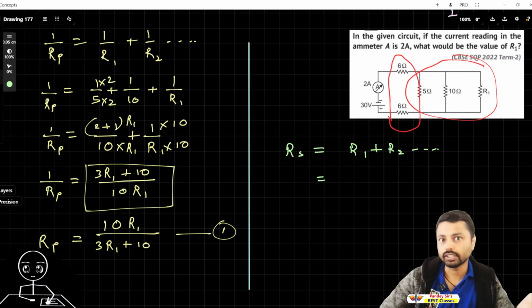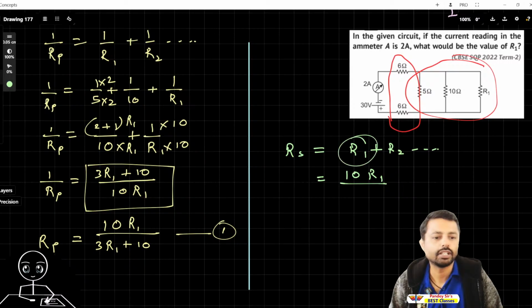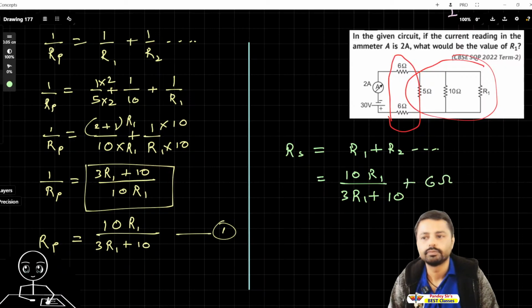You can ask me in the comments if any part is still difficult for you. So let's take the R as the value we have found out, 10R1 by 3R1 plus 10, actually this is the parallel part, plus, let's take this one 6 ohm, and this another 6 ohm.